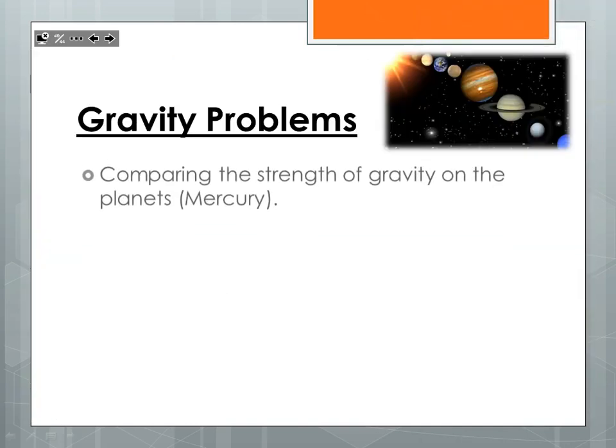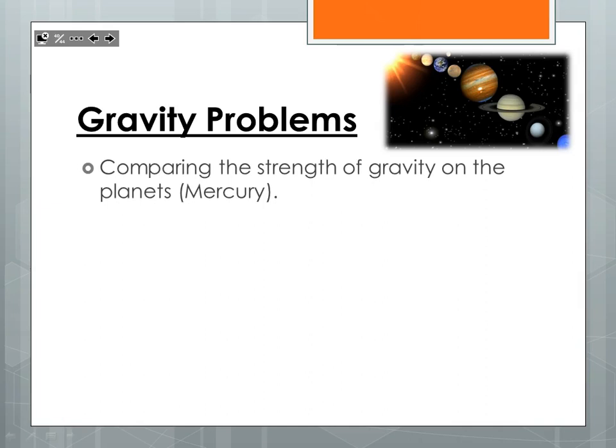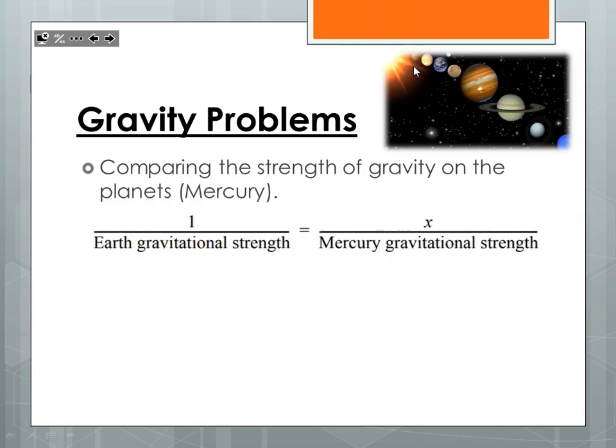So our gravity problem for today says compare the strength of gravity on the planets, and we're going to specifically look at Mercury, which is this little dude right here, the closest one to our sun. And so we're going to use the equation that 1 over Earth's gravitational strength equals x, which is what we're looking for, which is going to be the compared value over Mercury's strength.